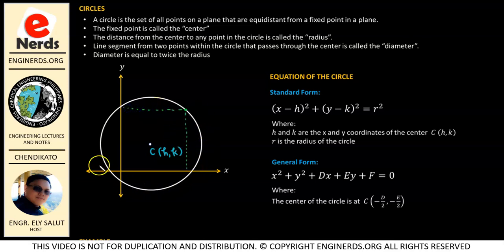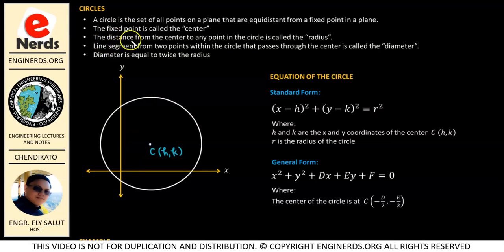Any point dito sa ating circle will have a corresponding X and Y coordinate. But what is common about all of these points, they are all equidistant dito sa center. So, ang distance ng point na 'to dito sa center and the distance of this point here at center are all equal. Yan ang properties ng mga circle. It is consist of many different points na equidistant dito sa ating center.